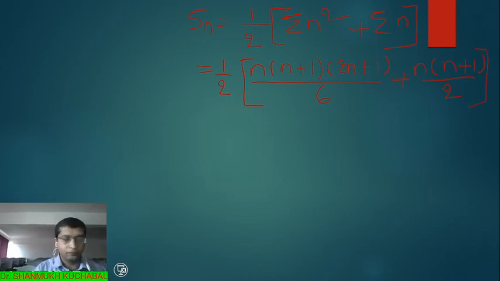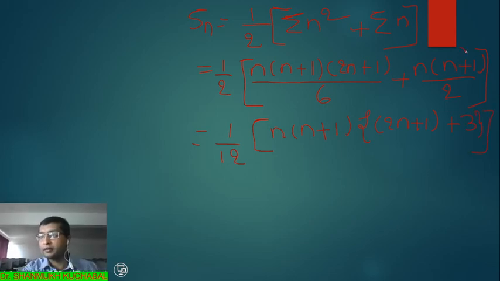So this is equal to, taking the LCM, 1 by 12, and common is n into n plus 1. If I take n into n plus 1 out, inside the bracket we are left with 2n plus 1 added with 3, because we have to multiply by 3, and here it is into 1.